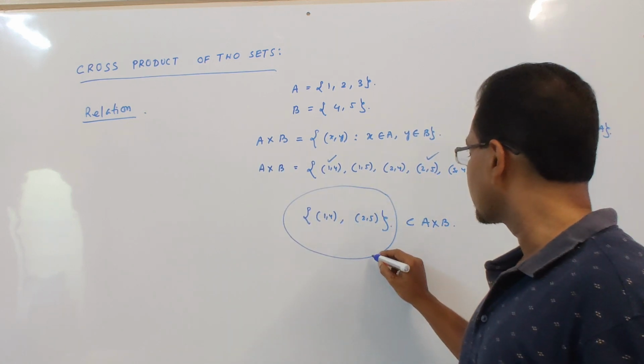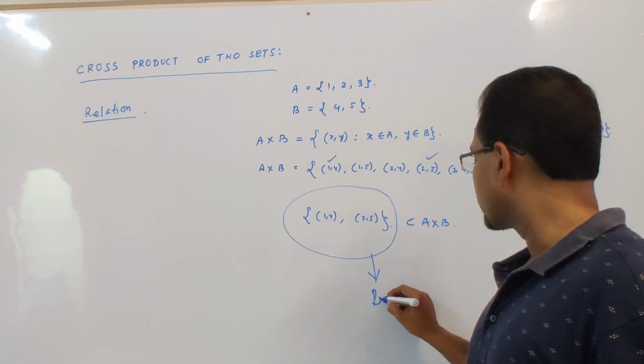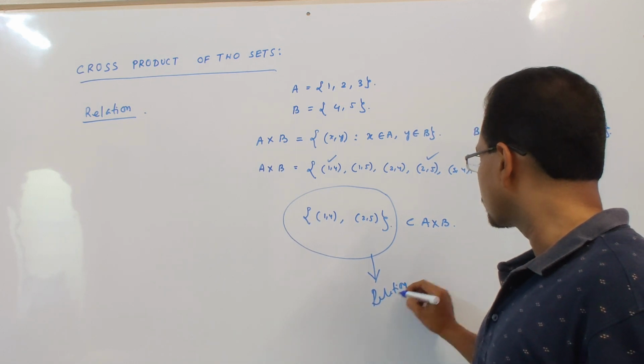Relations are nothing but subsets of the cross product of two sets.